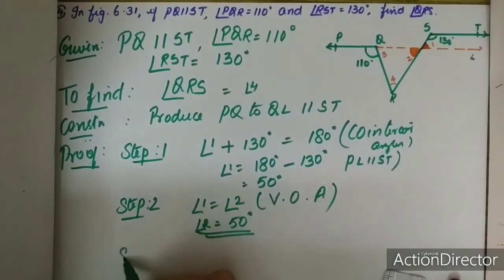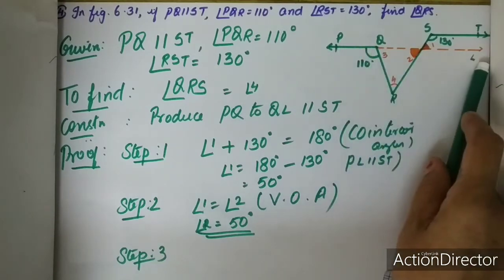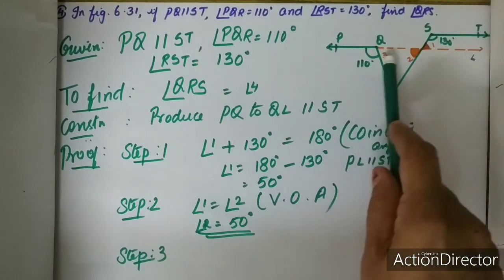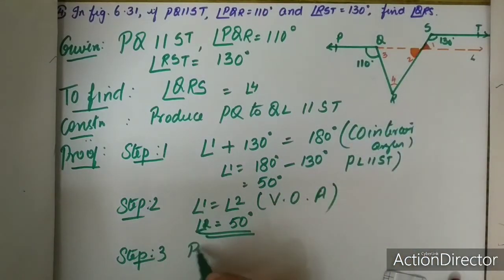Now coming to step 3. You are going to observe that this is a straight line. PL is a straight line and 110 degree and angle 3 are forming a linear pair. So you write PL is a straight line.